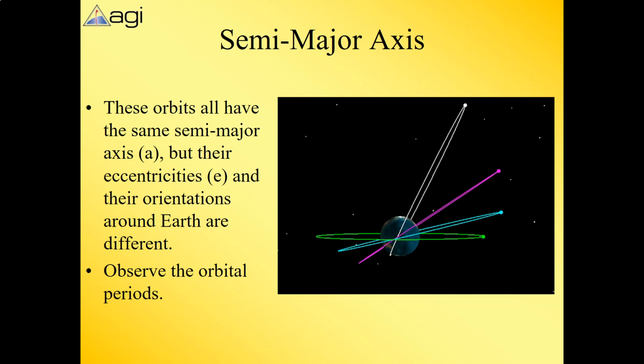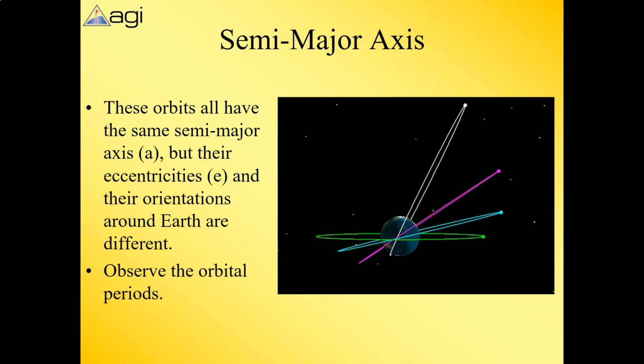The only thing about these orbits that is different is their orientation around the Earth and the eccentricities, but their size is the same. They have the same semi-major axis.